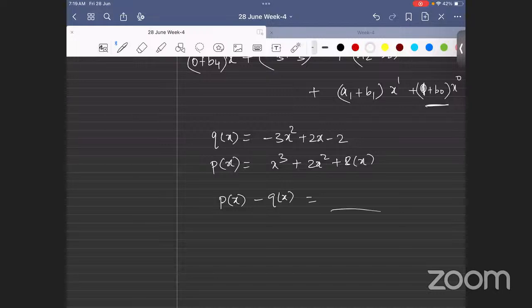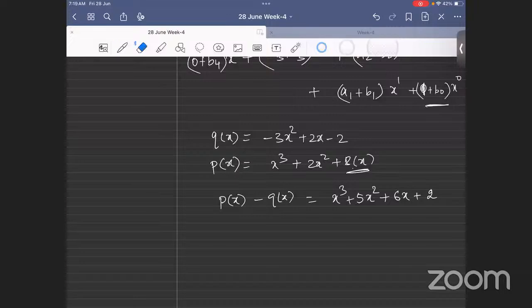Can you give me the polynomial? x cube plus 5x square plus 2x plus 2? x cube plus 5x square plus 6x plus 2? Sir, is it 4x? 8x. Yes, 8x.